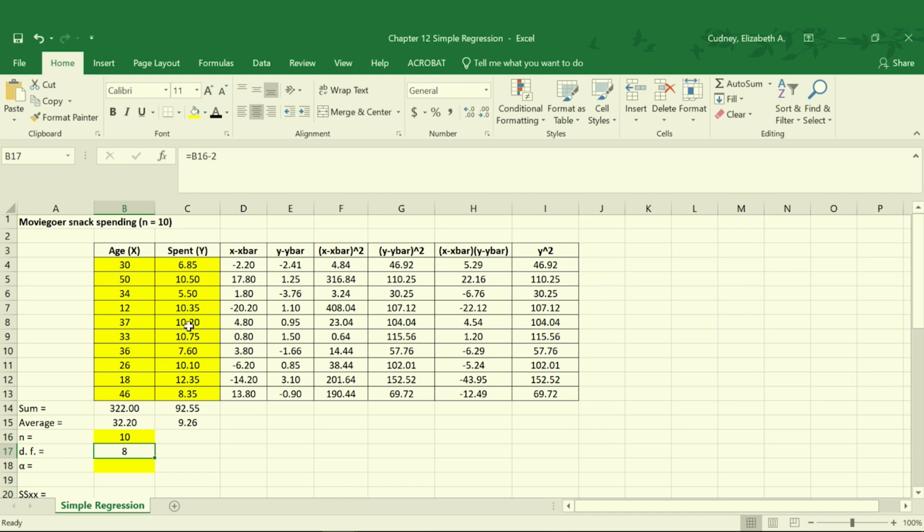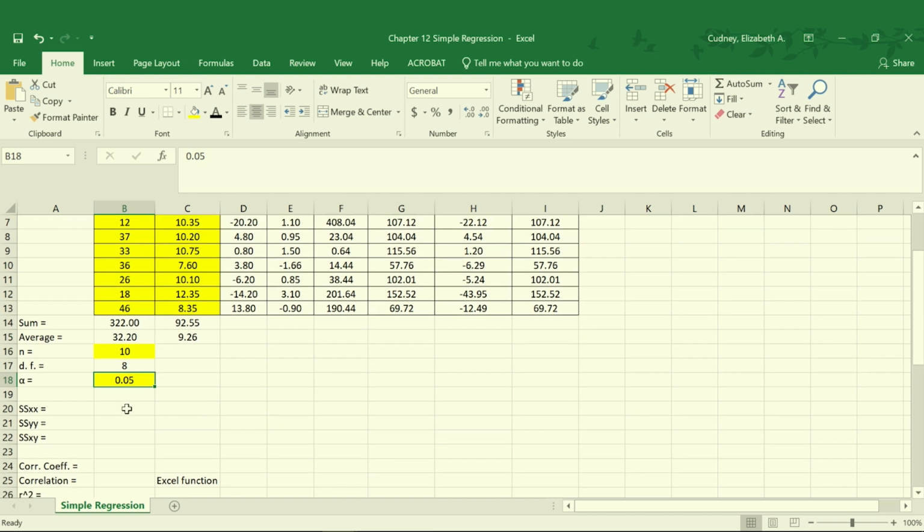So we're losing two pieces of information. So our degrees of freedom is our sample size of n minus 2 for simple regression. Our alpha value, we're going to set at 0.05 for 95%.